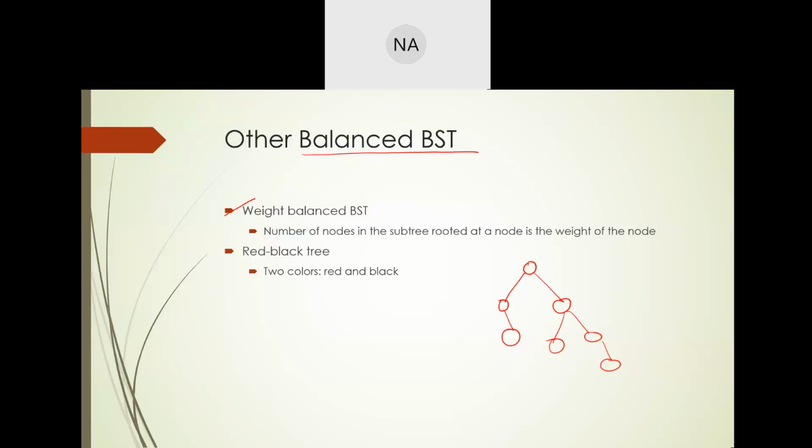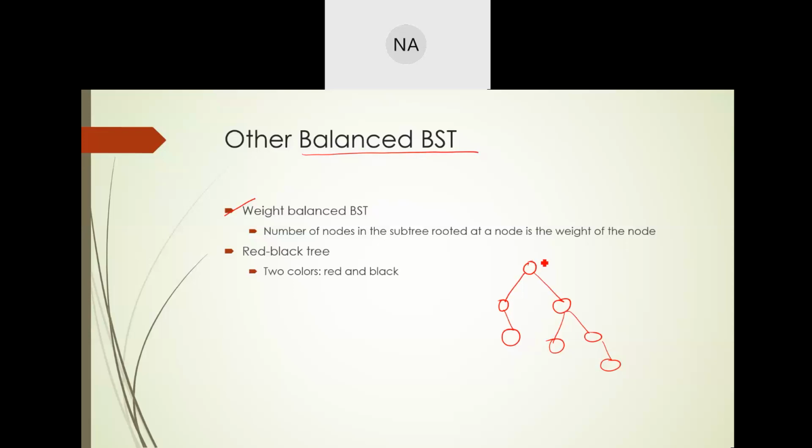So first you define the weight of each node. You can define the weight of each node as the number of nodes in the subtree which is rooted at that node.